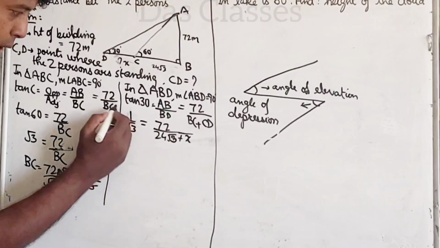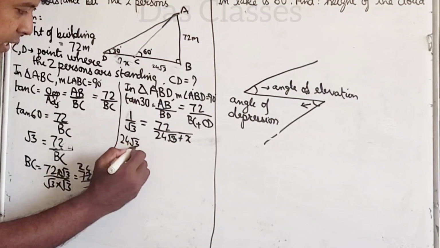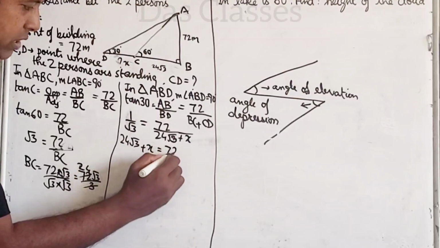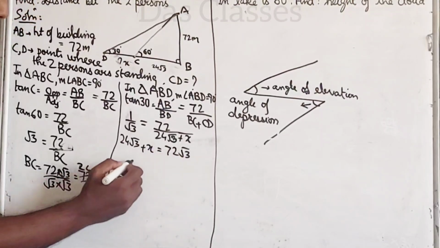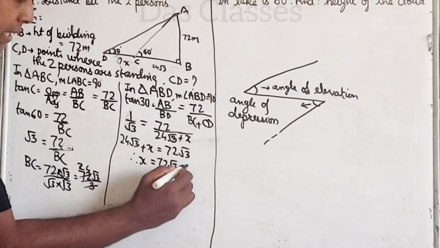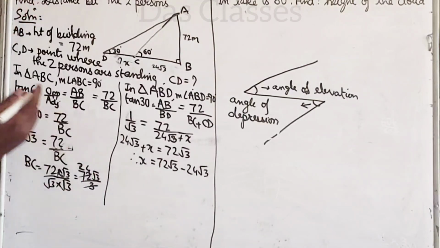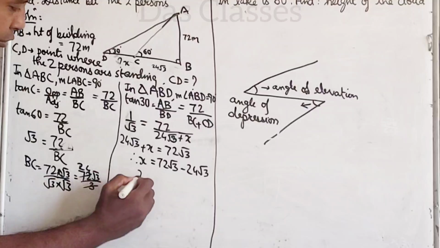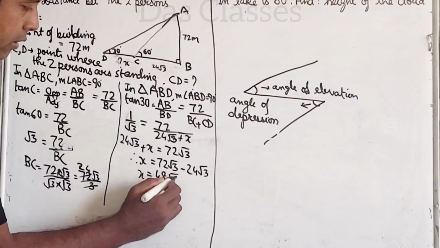So what we'll get is 1 into this, 24 root 3 plus x, would be equal to 72 root 3. Therefore, x is going to be 72 root 3 minus 24 root 3. So that comes to 48 root 3.